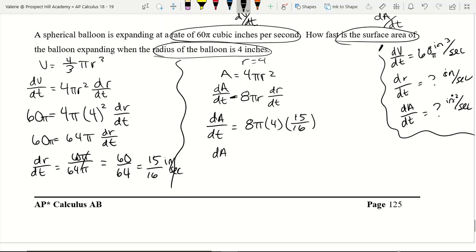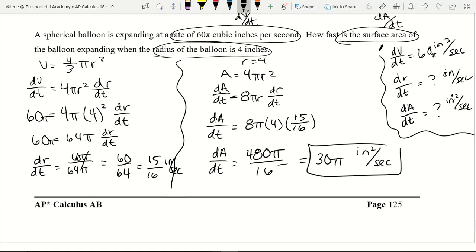So dA dt is equal to 480 pi over 16, which is equal to 30 pi inches squared per second. So as the volume of this balloon is increasing at a rate of 60 pi cubic inches per second, the surface area is increasing at a rate of 30 pi inches squared per second.